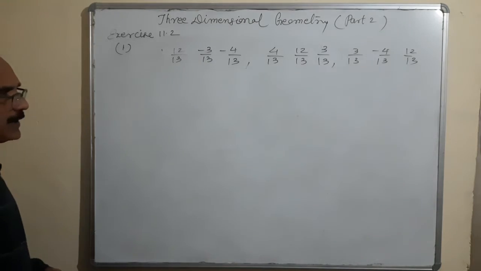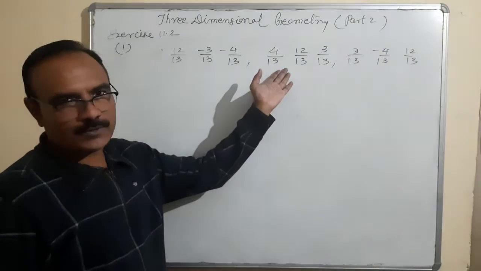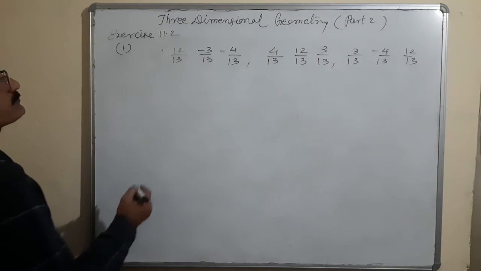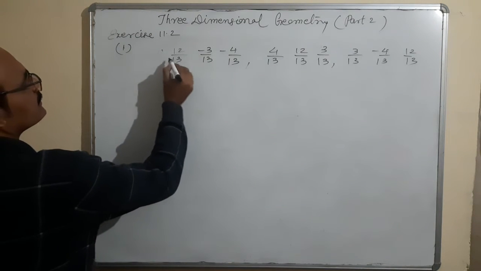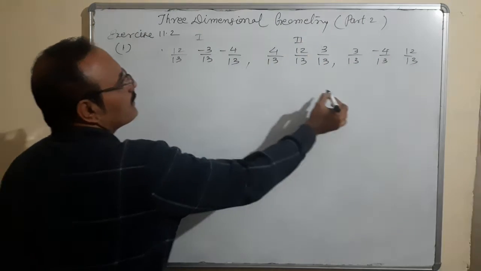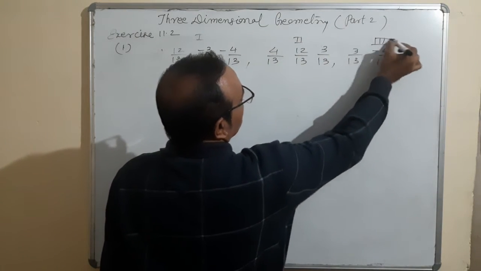Simple. For mutually perpendicular, we can use the dot product and see whether the result is 0 or not. So this is for the first line, the second line, and the third line.